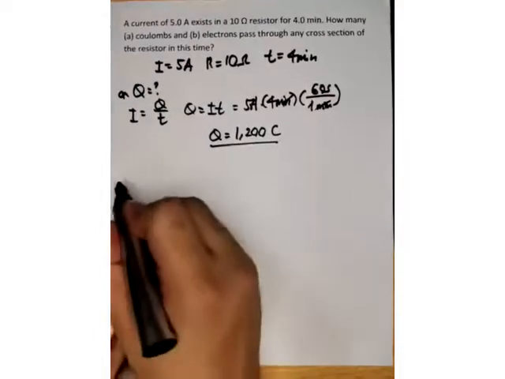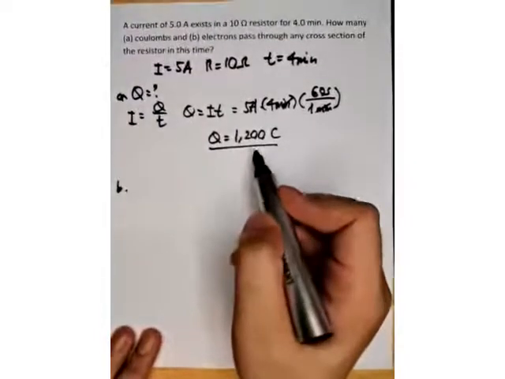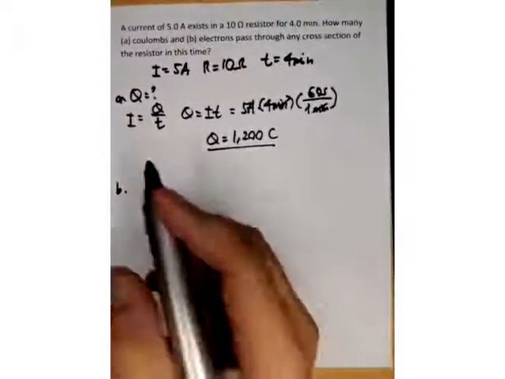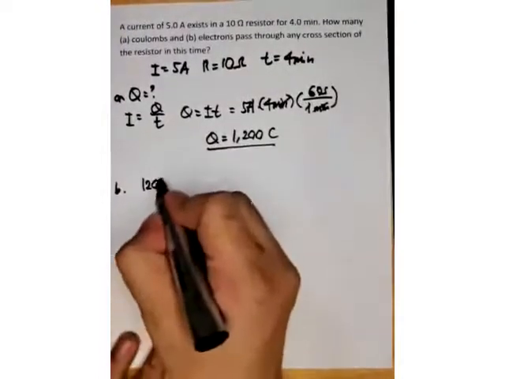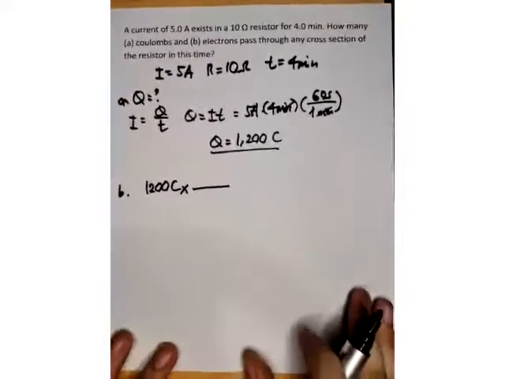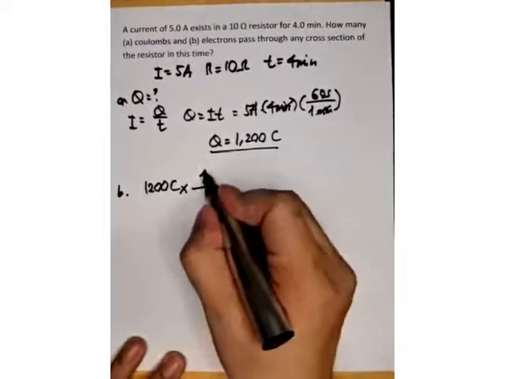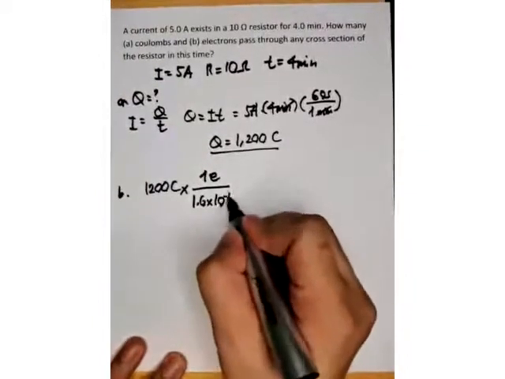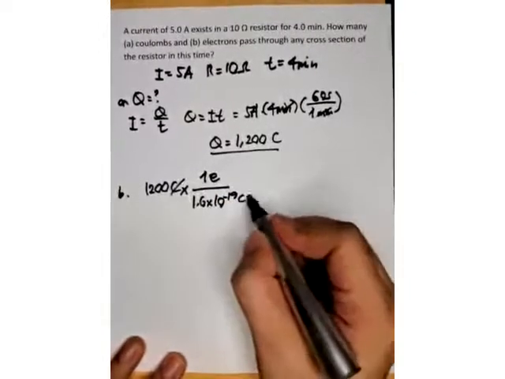Okay, letter B. So ilang electrons sa 1,200 coulombs na yan? So there are two ways to solve it. So yung una, yung 1,200 coulomb, i-convert mo na lang into a number of electrons. So ang 1 electron kasi, meron siyang charge na 1.6 times 10 raised to negative 19 coulomb. So cancel mo siya.